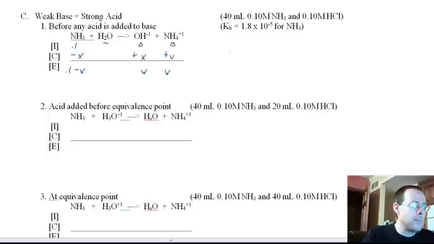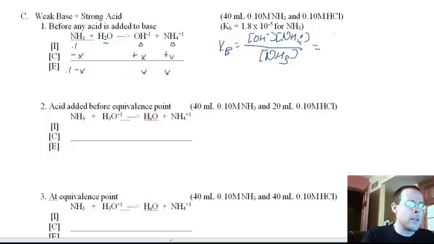So again, Kb equals, in this case, OH minus times ammonium, all divided by ammonia. Alright, and that leads us to X times X, or just X squared, all over 0.1 minus X. We're going to assume this is small compared to 0.1, so we're going to get rid of that, and we're setting it equal now to 1.8 times 10 to the negative 5th.